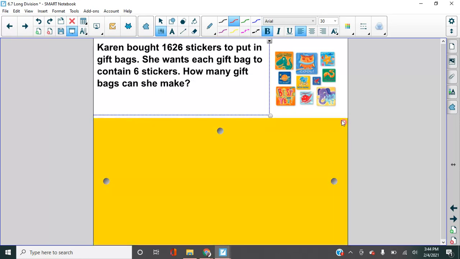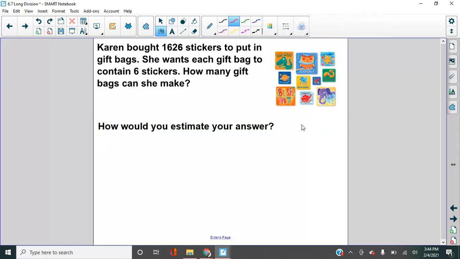So what I want to do here before I start answering this is, how could we estimate your answer? How could you estimate here? All right, I want to give you an idea, and that is to use multiplication to estimate. If you think about 6 times something, and you're going to try to get close to this number, well, use what we learned with those 0 rules, right?